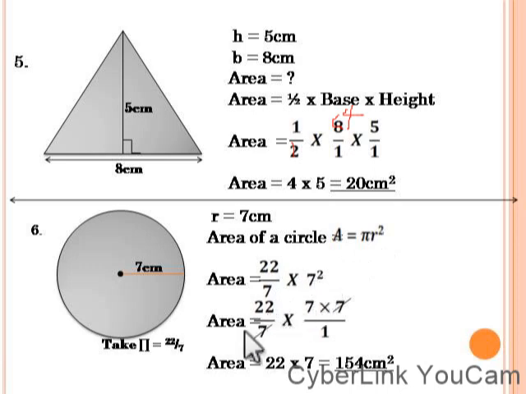So we now have area equal to 22 over 7 times 7 squared, which means 7 times 7. So we can now cancel out 7 divide 7. We get 1. Then we are left with 22 times 7. 22 times 7 will give us what? 154 centimeter squared as our answer.